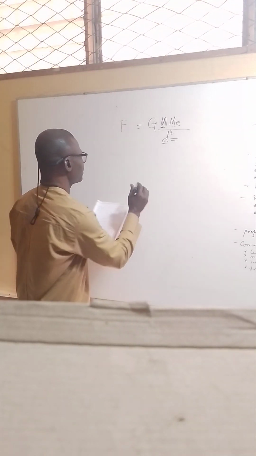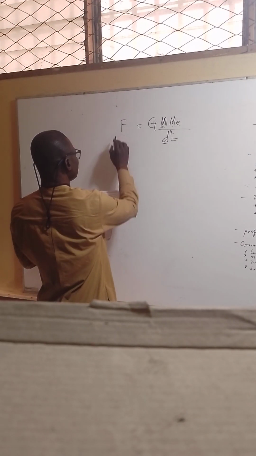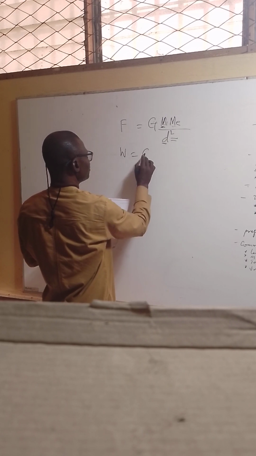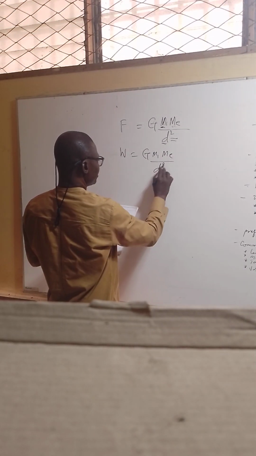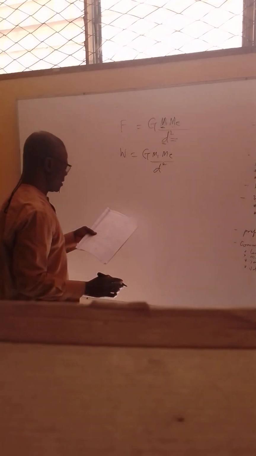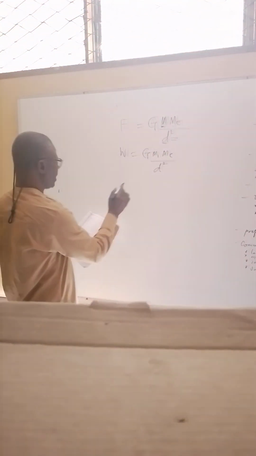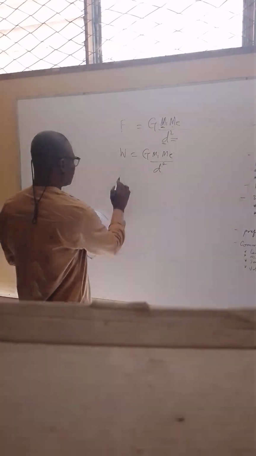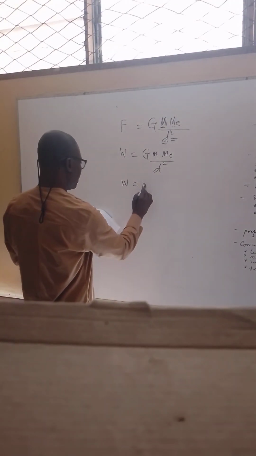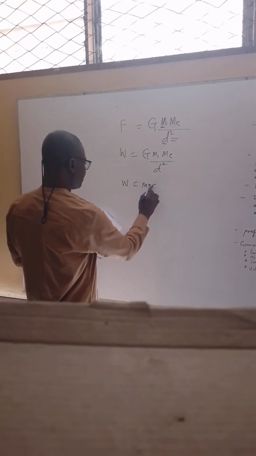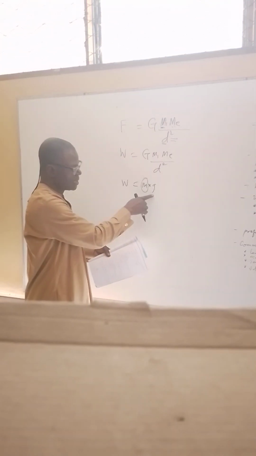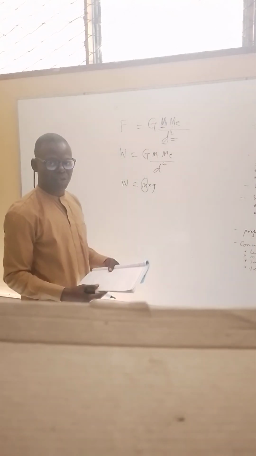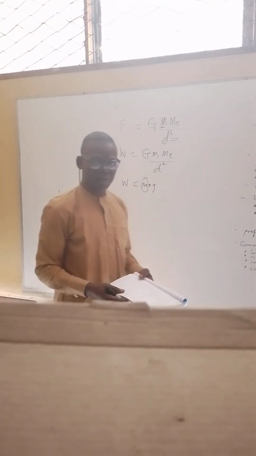And then we have that our weight is equal to G m1 me over d squared. We have again that W is equal to m times g, where m is the mass of the particle, and g stands for acceleration due to gravity.